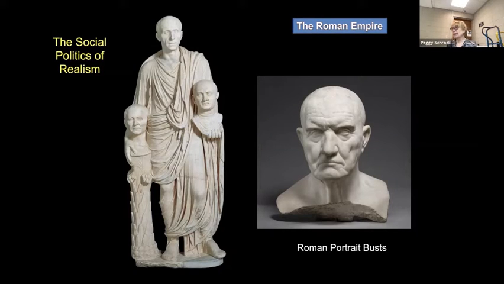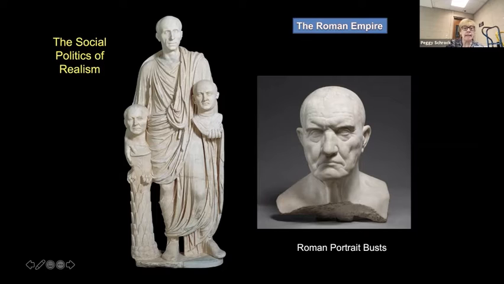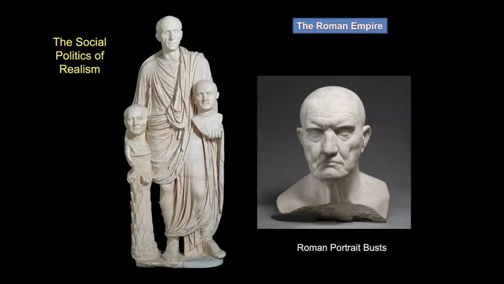When you look at a Roman portrait bust, we have some beautiful ones in the Nelson Gallery, some beautiful Roman portraits. But these are very obviously what someone looks like. There's no doubt whatsoever when you look at this that you're seeing a guy who looks like that.